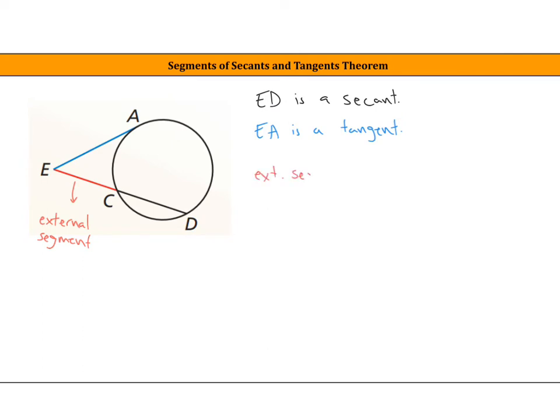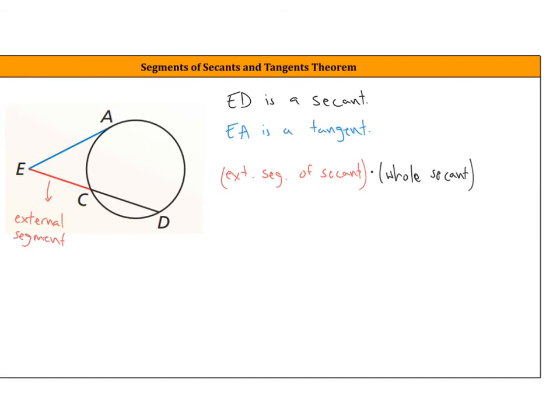We take the external segment of the secant and you multiply it with the whole secant. And what this is equal to is the tangent squared.